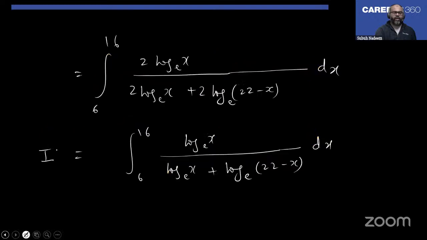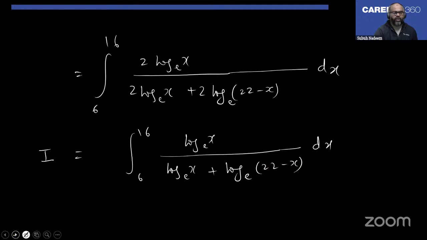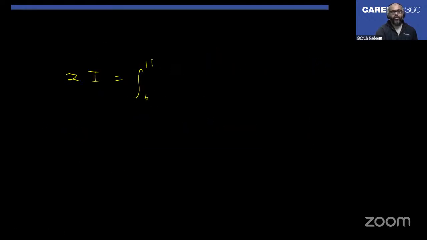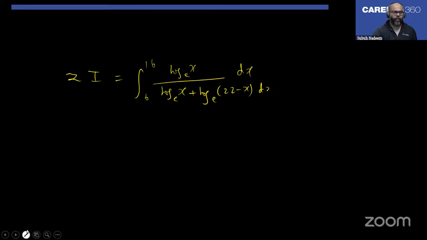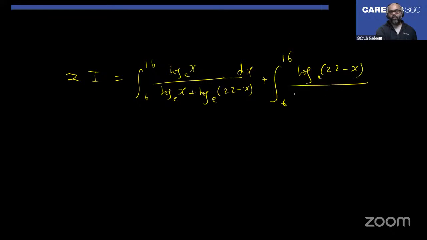Now this is also I and this is also I. We add both the I. So 2I will be equal to integral 6 to 16 log x to the base e by log x to the base e plus log 22 minus x to the base e dx, plus integral 6 to 16 log 22 minus x by log x plus log 22 minus x.